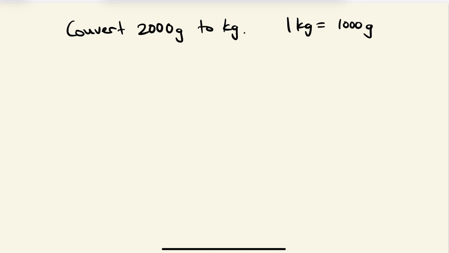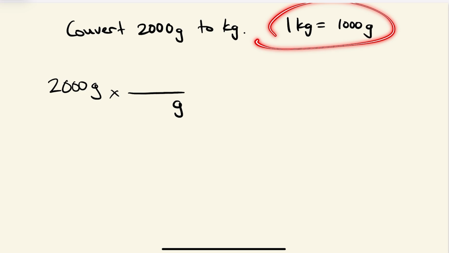Well, instead of writing both conversion factors out, what I'm going to do is take my given value of 2,000 grams, multiply it by a ratio, our conversion factor, and I want grams to be on the denominator here. That way, my units of grams will cancel out. So I'm simply going to put what I see in my equation here, 1 kg equals 1,000 grams, and I'm going to fill that into my conversion factor.